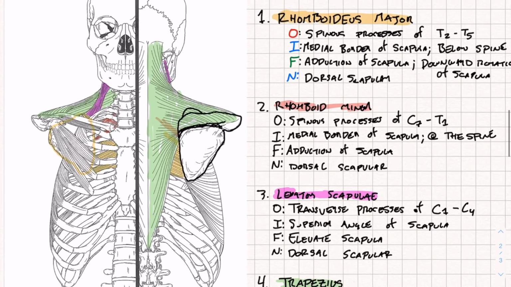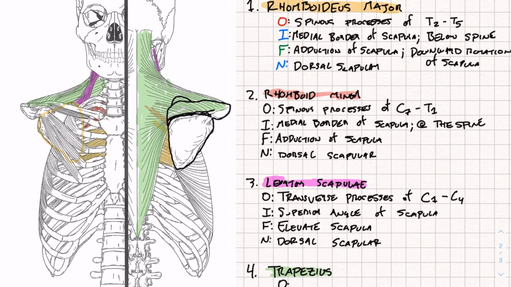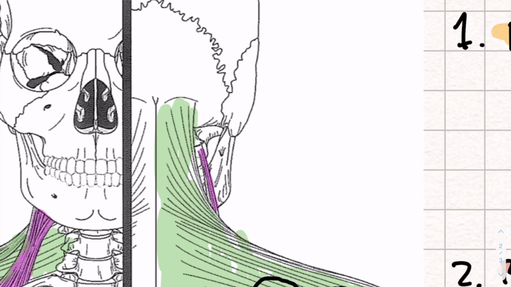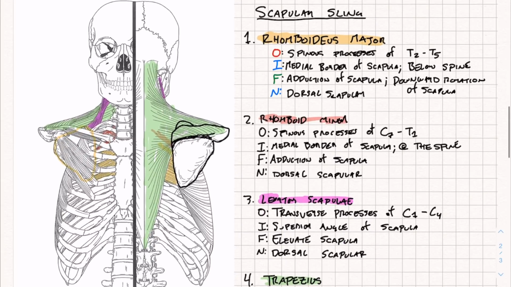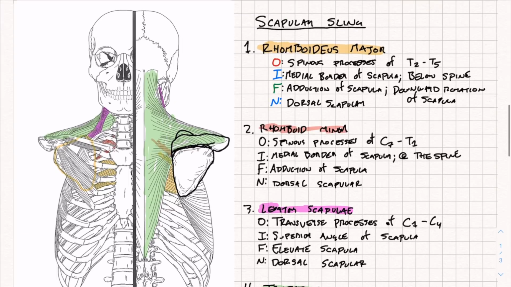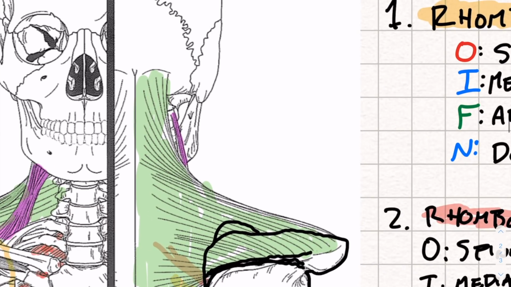Okay, the origin of the trapezius has 2 different origins. So if we look at this, this is that occipital bone. So one of its origins is the occipital bone. And there's a specific name for the area where it's coming off of.